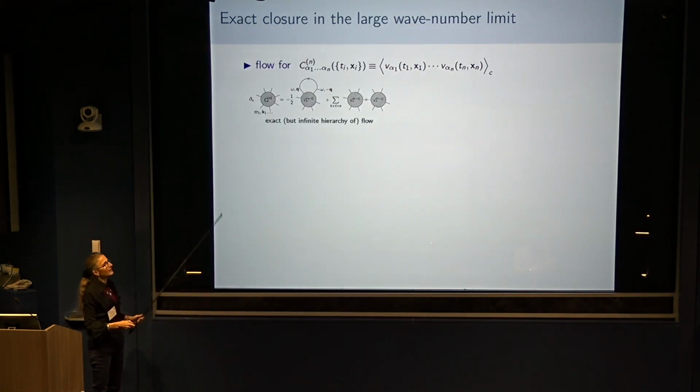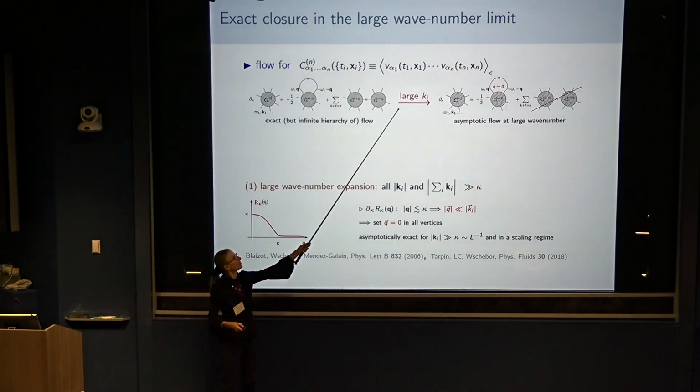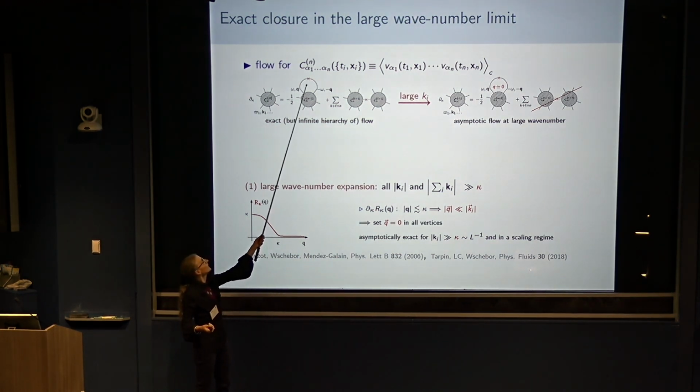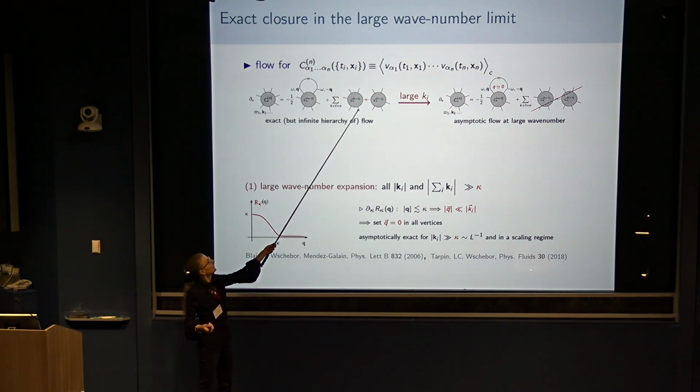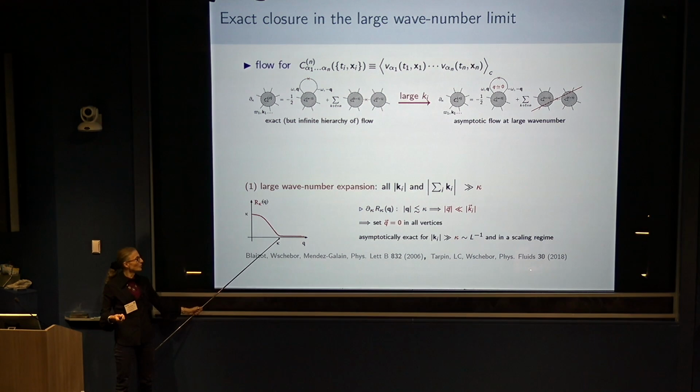And how can you exploit that? Well, very simply. So don't worry, it will be very schematic. Very simply by taking this limit of large k. And the reason why you can control this limit is because of this little red cross. These little red crosses are just a scale derivative of this very smooth function that separates your modes.